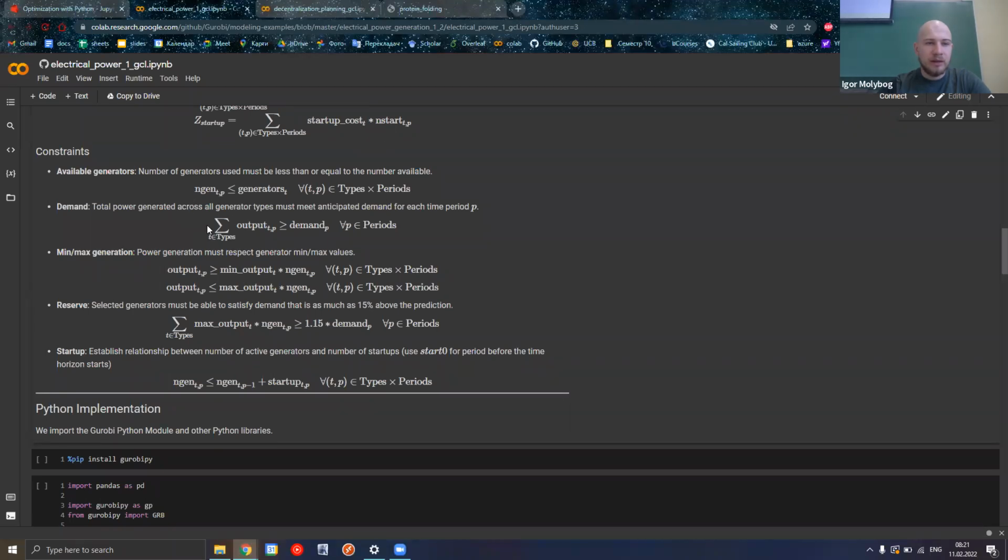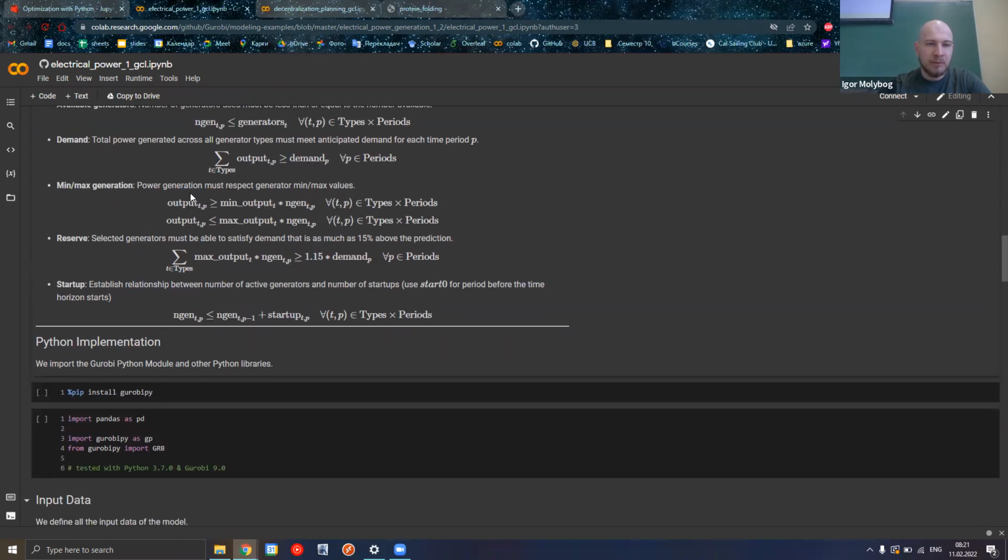The demand is going to be satisfied by the sum of all of the outputs of all of the types of the generators, and minimum and maximum amount of generation: essentially you need to make sure that your output is in fact in between the minimal amount of available power and the maximum amount of available power, given that you are operating with this number of generators.